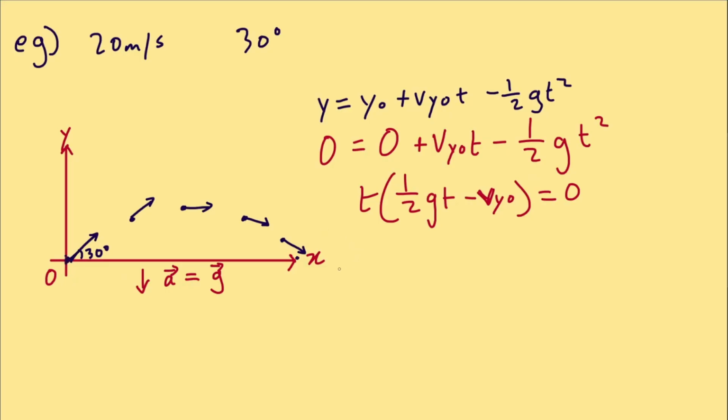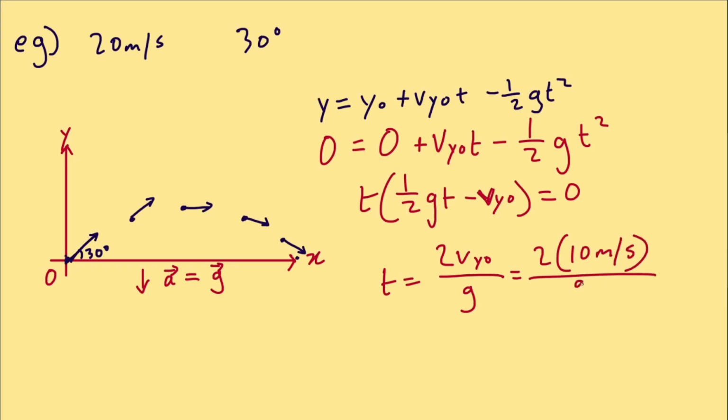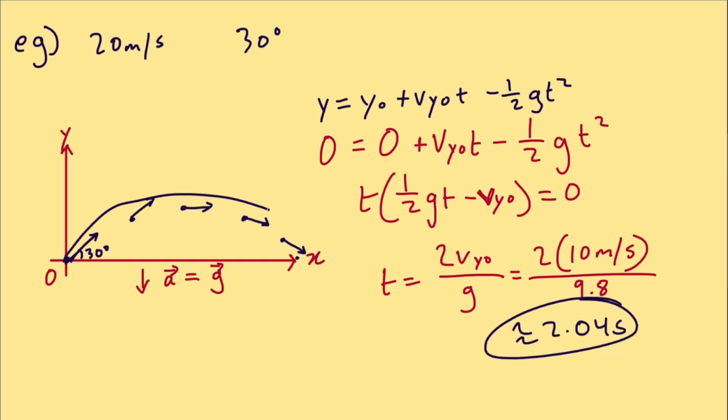The second solution is for the second y equals 0, which is what we're looking for. When you rearrange it, it is t equals 2 v y0 over g. This is an important equation, and we're going to use it later on as well. Plug in our values, so 2 times 10 meters per second over 9.8, and it's roughly 2.04 seconds. So this entire trip for the ball took 2.04 seconds.